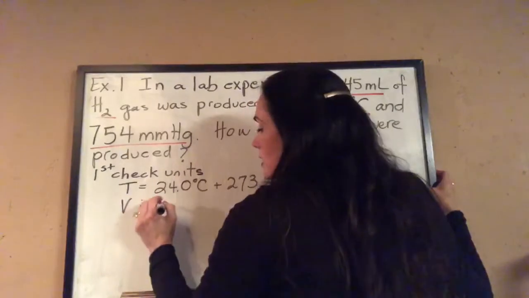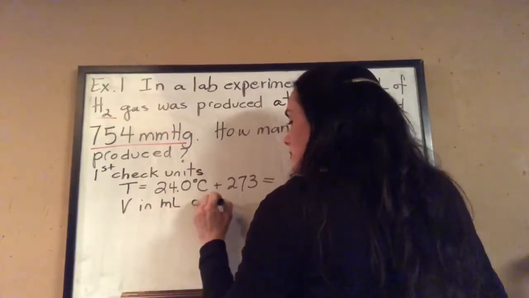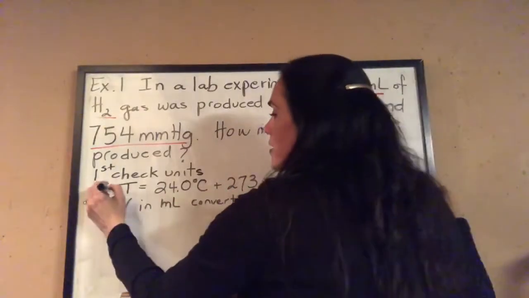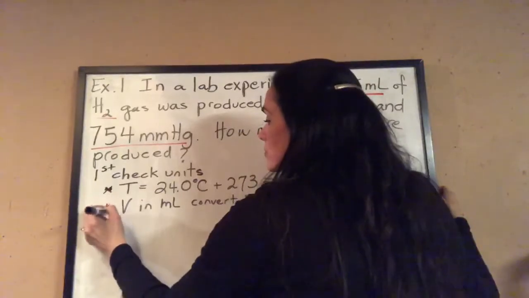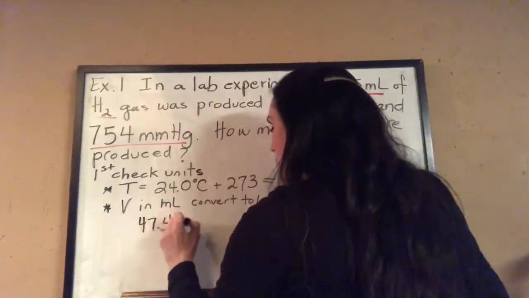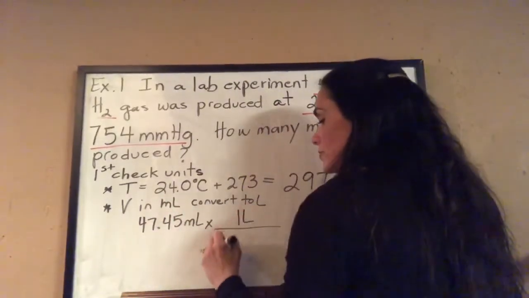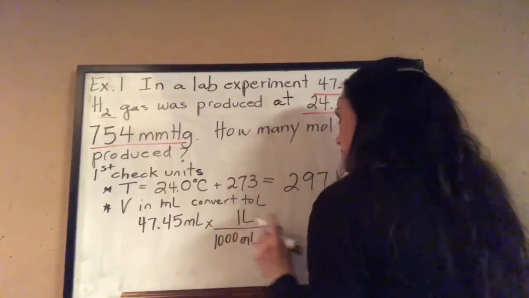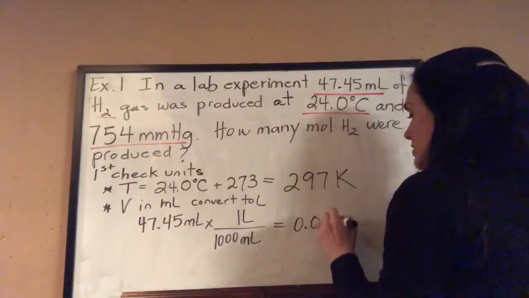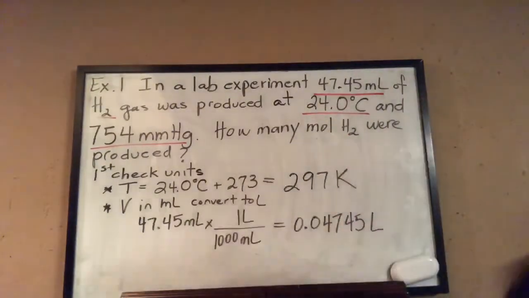Volume in milliliters, convert to liters. Okay. So we check this unit, and we check that. So 47.45 milliliters, convert it into liters. 1 liter has 1,000 milliliters. Okay, so that would give us 0.04745 liters equivalent.